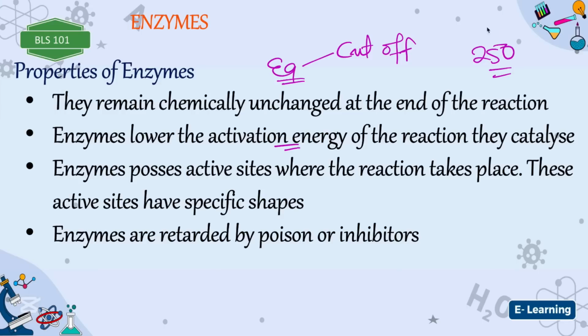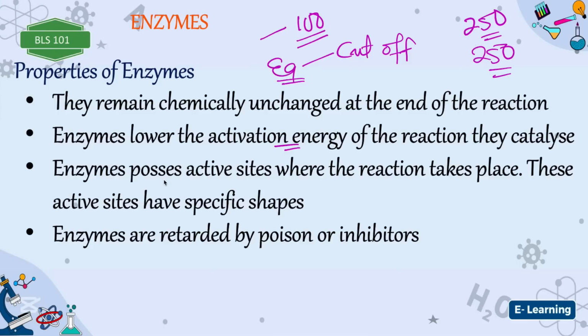So let us assume they set that energy threshold as 250. What the enzyme does is to reduce it to like 100. Between 250 and 100, which one is easier to reach? Of course, you agree with me that 100 is easier. So for an enzyme-catalyzed reaction, immediately you reach 100, the reaction will take place. While for the one that is not enzyme-catalyzed, you must reach 250 first. So this one will easily take place as compared to this one here, which is an uncatalyzed reaction.